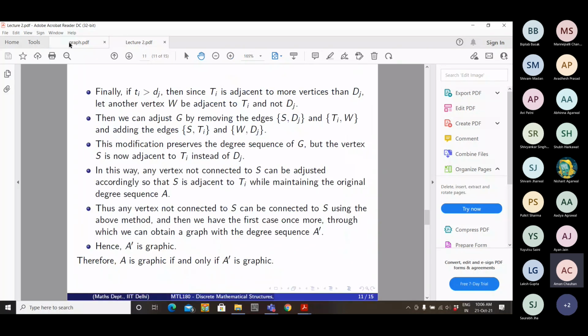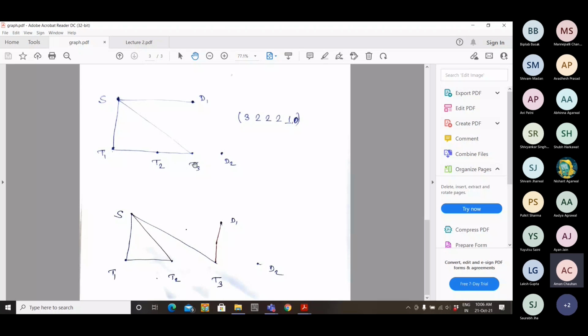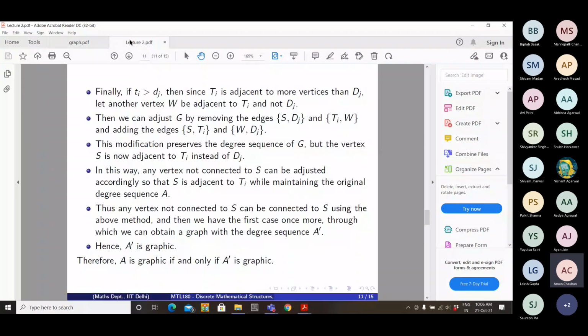So we get that S is adjacent to the vertex Ti. In this way, for the vertices which are not adjacent to S, we can apply the same procedure to get a graph where S is adjacent to all the Ti's.